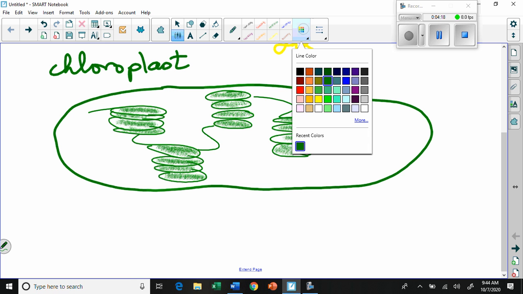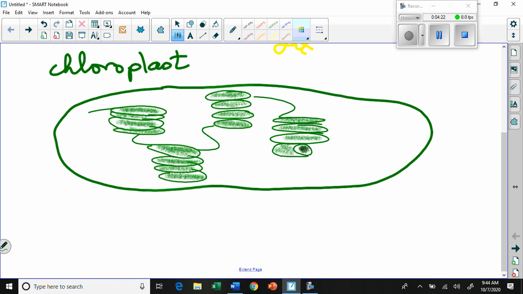Okay, and then I'm going to use a darker green here to show that this is cut away, the inside of one of those little stacks, inside the pancake. All right. So now we have to have some sort of names, okay?